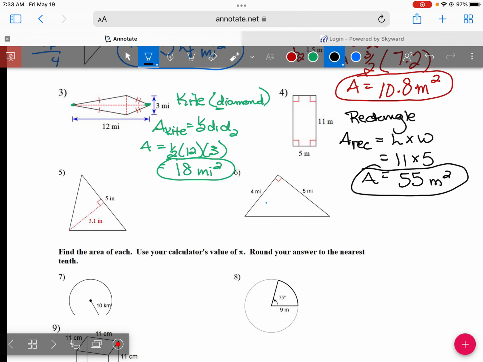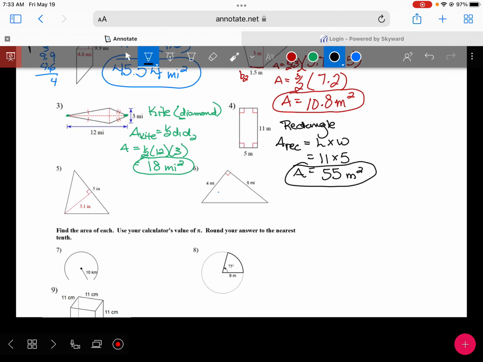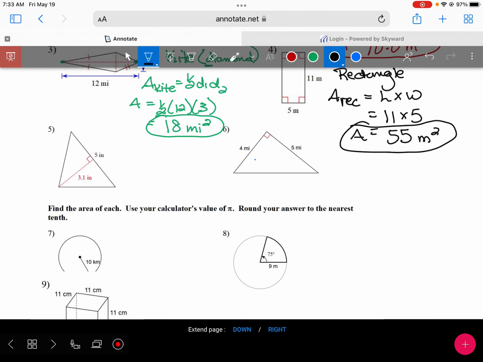5 and 6, what shape are those? Don't tell me circles. They are both triangles, right? Triangles have 3 sides. Area of a triangle is 1/2 times the base of the triangle times the height. So 1/2 of the base. The base is what it is sitting on. Now you're like, well, it's sitting on this one. Well, we can rotate it, right?